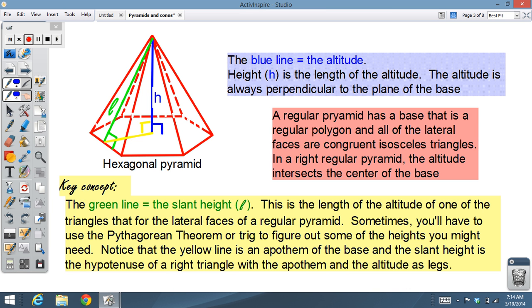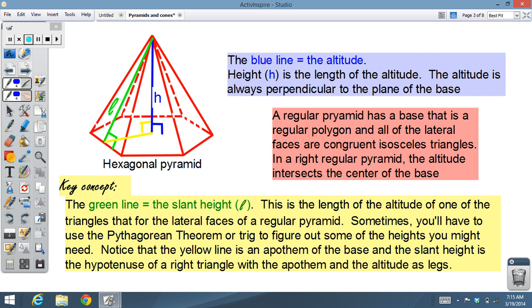Notice also the green line. That is called the slant height. It is the altitude of the triangles that form the lateral area, since they're all the same. So it's actually going to form a nice little right triangle.